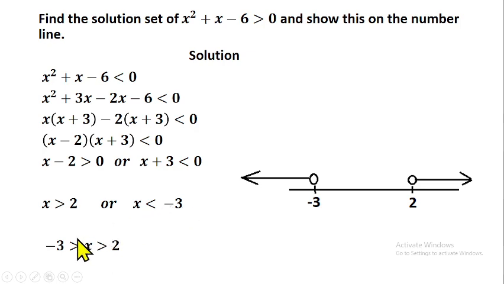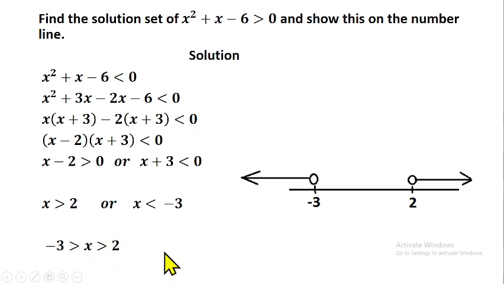That means minus 3 is greater than x as well. So we have combined these two inequalities. S is greater than 2, then s is less than minus 3, which technically means that minus 3 is greater than x.